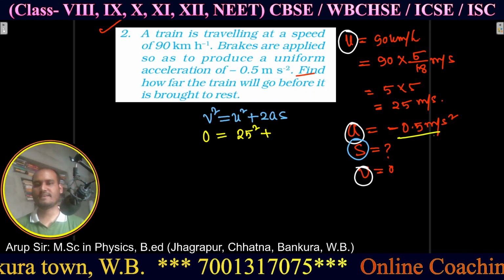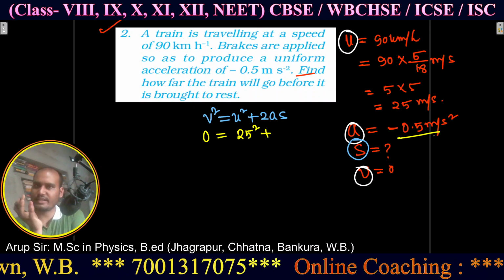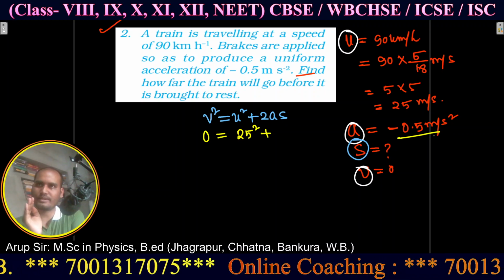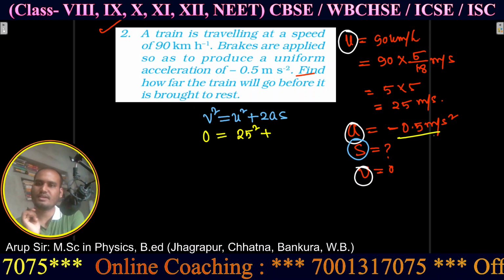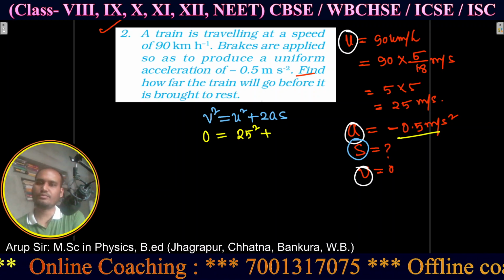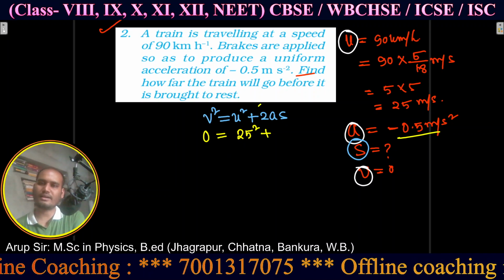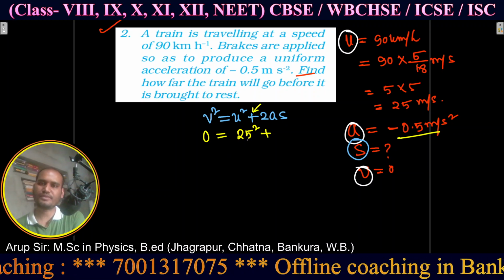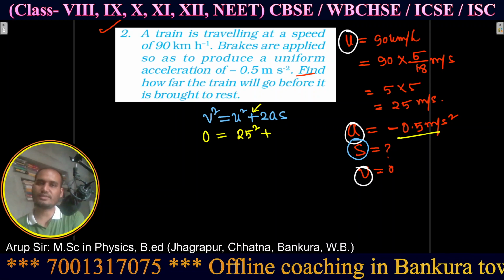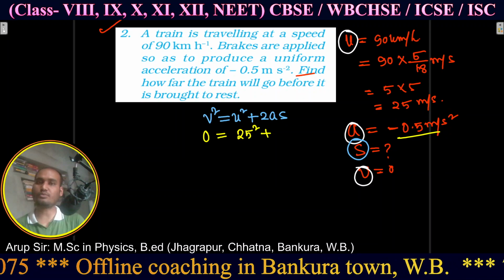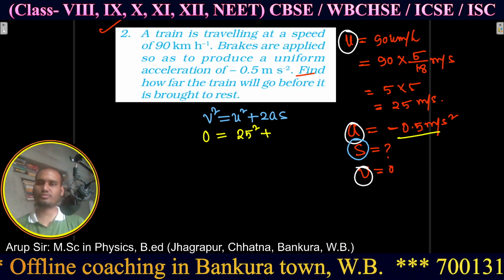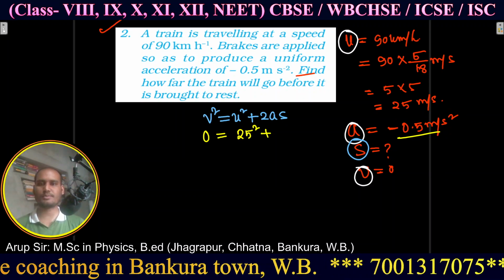If you are considering that acceleration is not happening, it is deceleration or retardation, means negative acceleration, then either you can use the formula with a negative sign, or you can use the positive formula but the value will be negative. Any one you have to do. Don't do two things, otherwise negative will be positive.